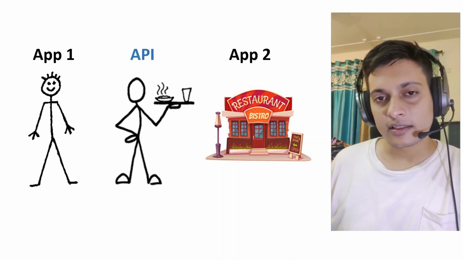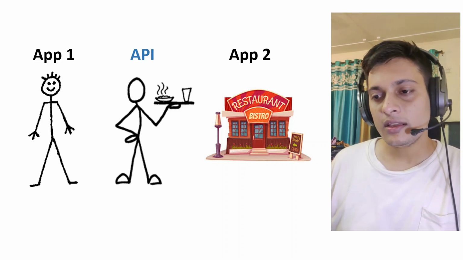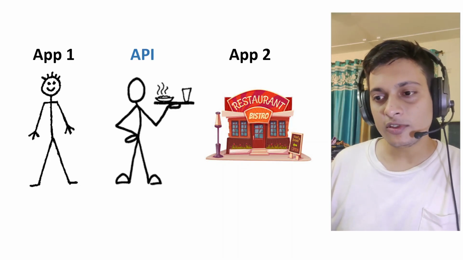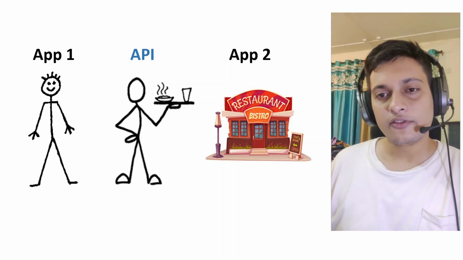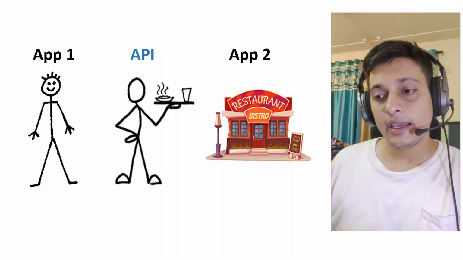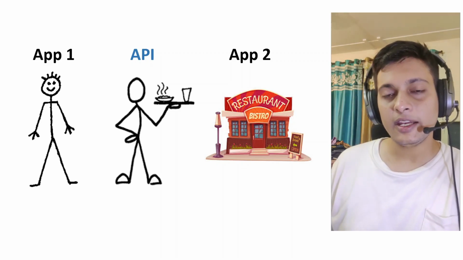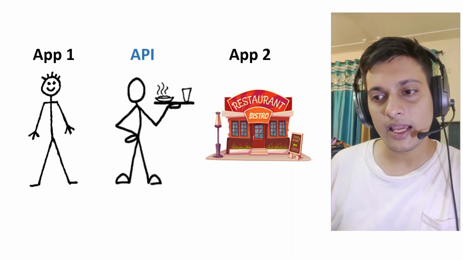And this waiter is the API. The waiter is responsible for taking information from me to the restaurant, and from the restaurant to me. It means app 1 to app 2, and app 2 to app 1.